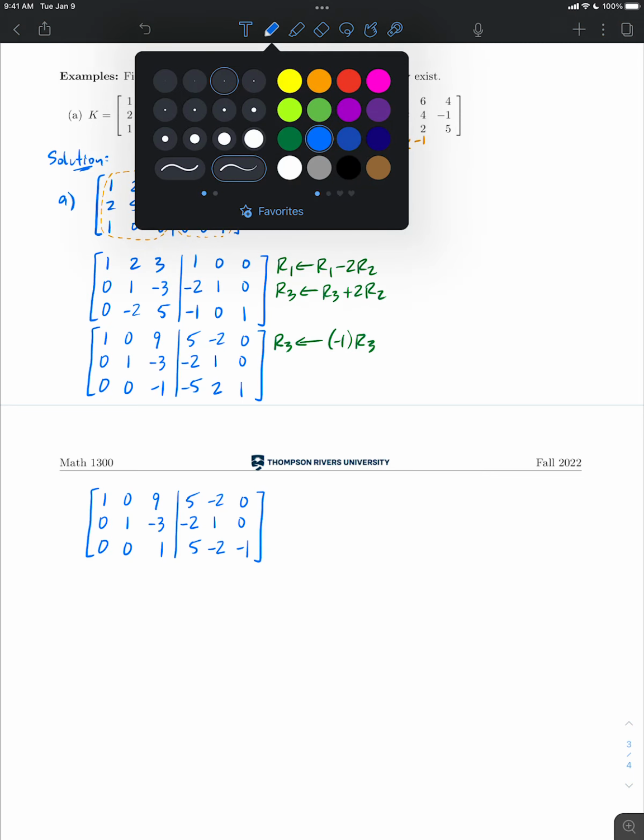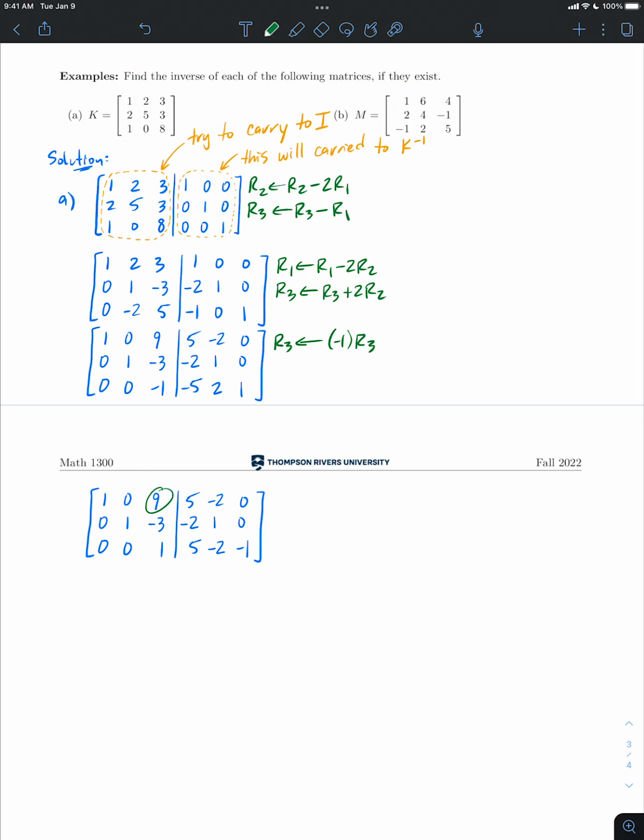Okay, and then now, what do we need to do? We need to turn these two entries into 0. And then once we're done, whatever's over here will be the inverse of K. So let's take row 1 and replace it with row 1 minus 9 row 3. Oops, and row 2 we'll replace with row 2 plus 3 row 3.